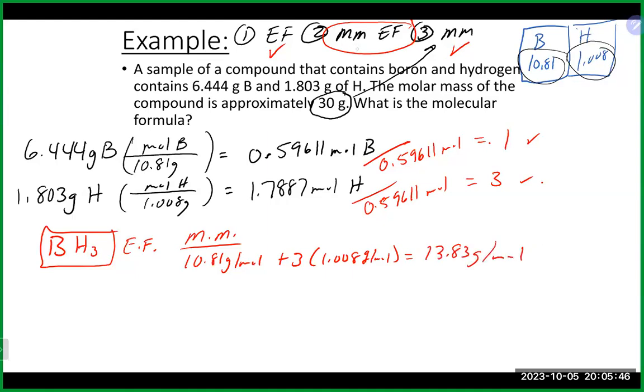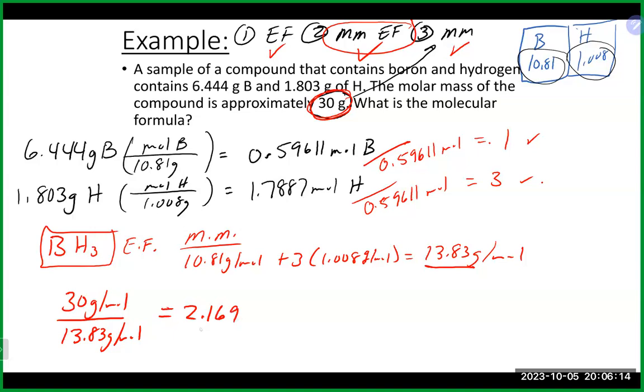Now the last thing we're going to do is take the approximate molar mass that was given to us in the problem and divide it by the molar mass of the empirical formula. We're not going to multiply by 100, just divide: 30 divided by 13.83.